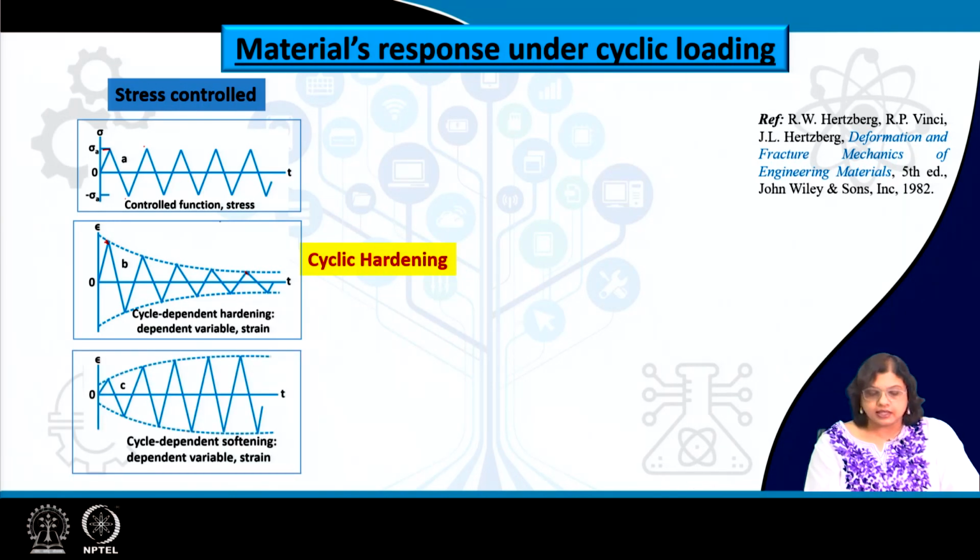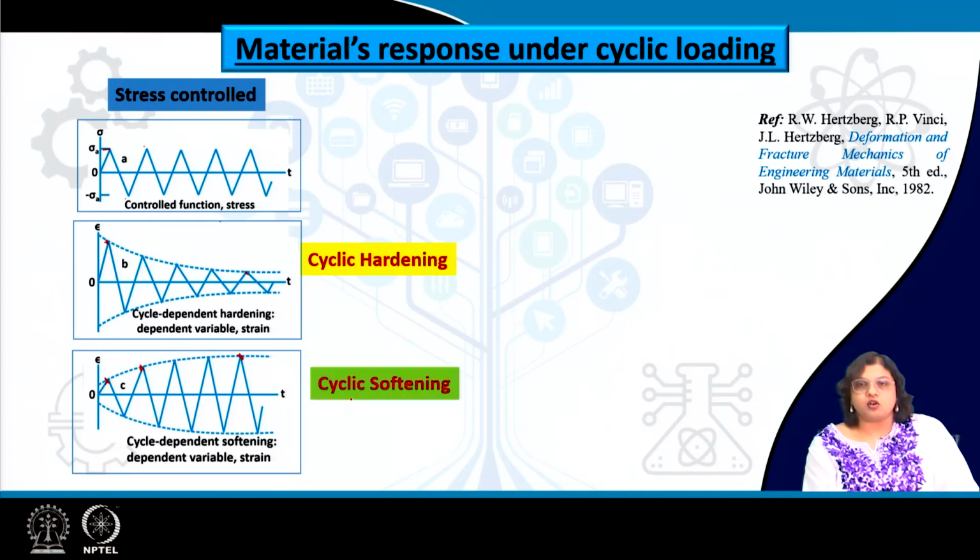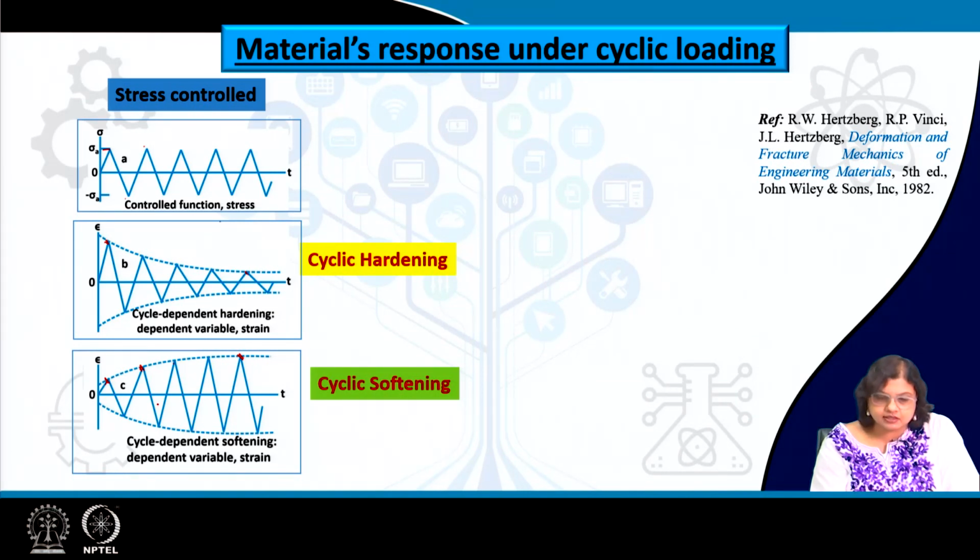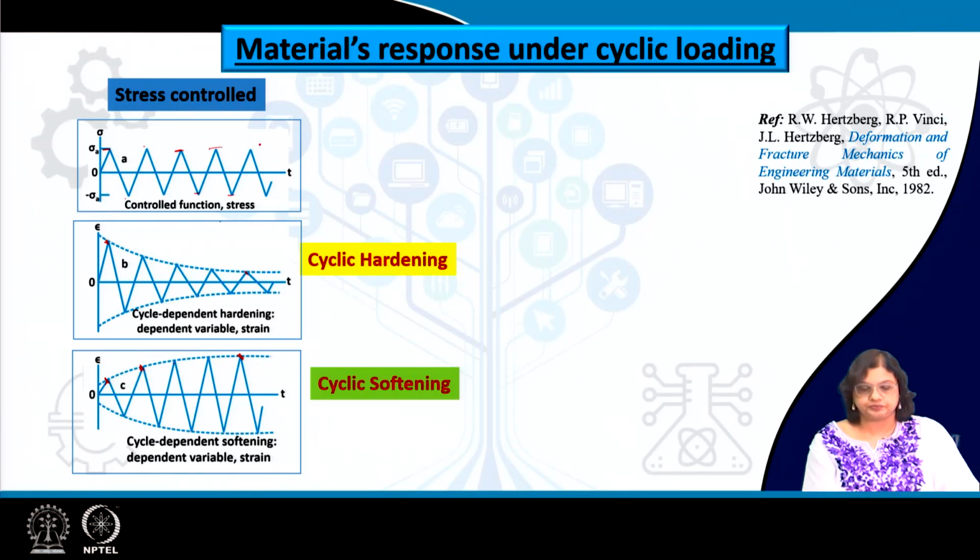There could be another case in which the strain is increasing at every cycle. This is the first cycle where we are seeing a lower value of strain, and the next cycle a little bit higher value, and so on, it keeps on increasing, and that is why we call this cyclic softening. So, the strain is increasing at every cycle, although in both these cases we are applying the stress of the same magnitude for each cycle.